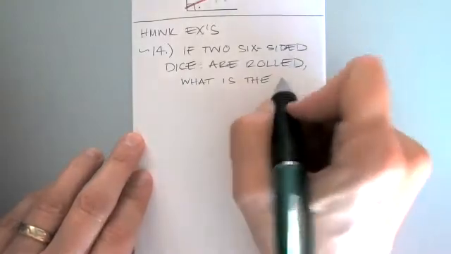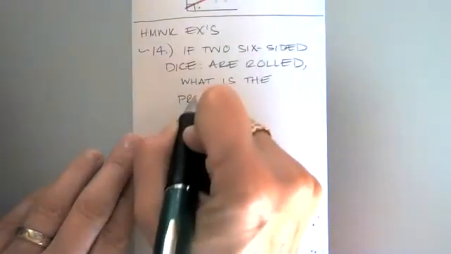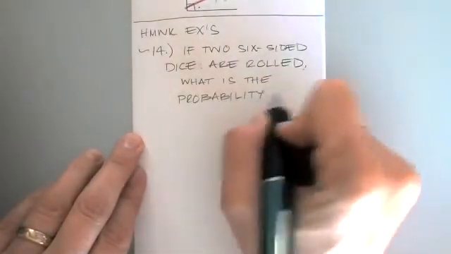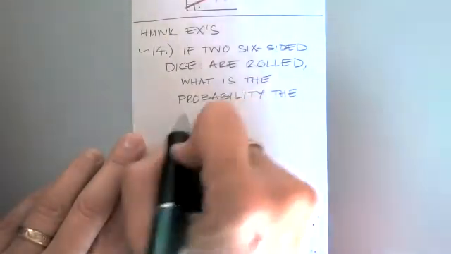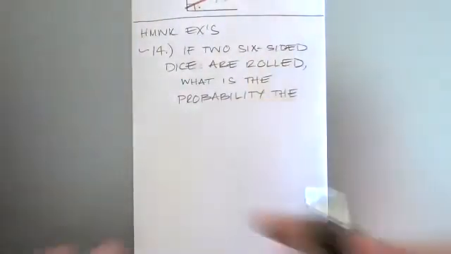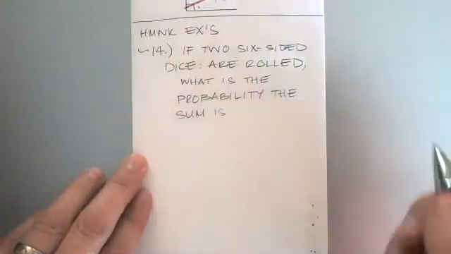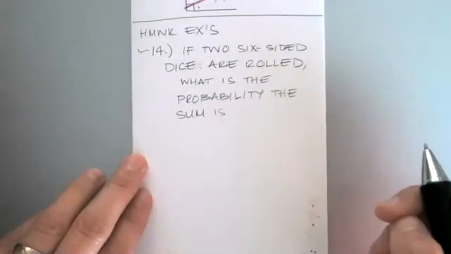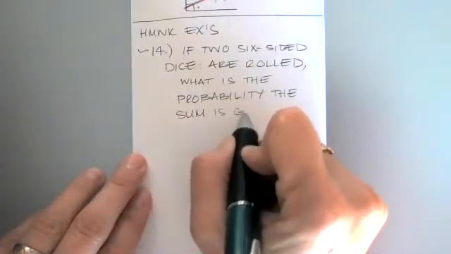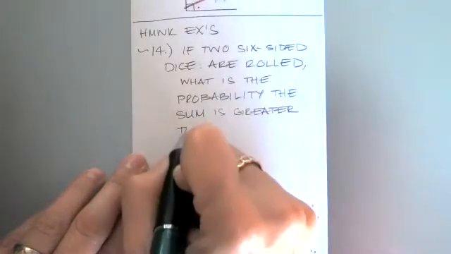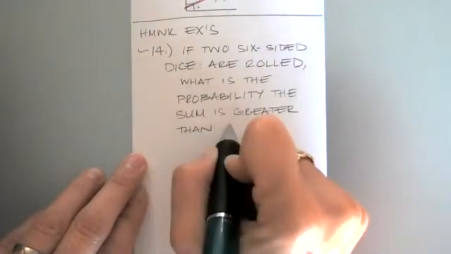If two six-sided dice are rolled, what is the probability the sum is greater than 5?